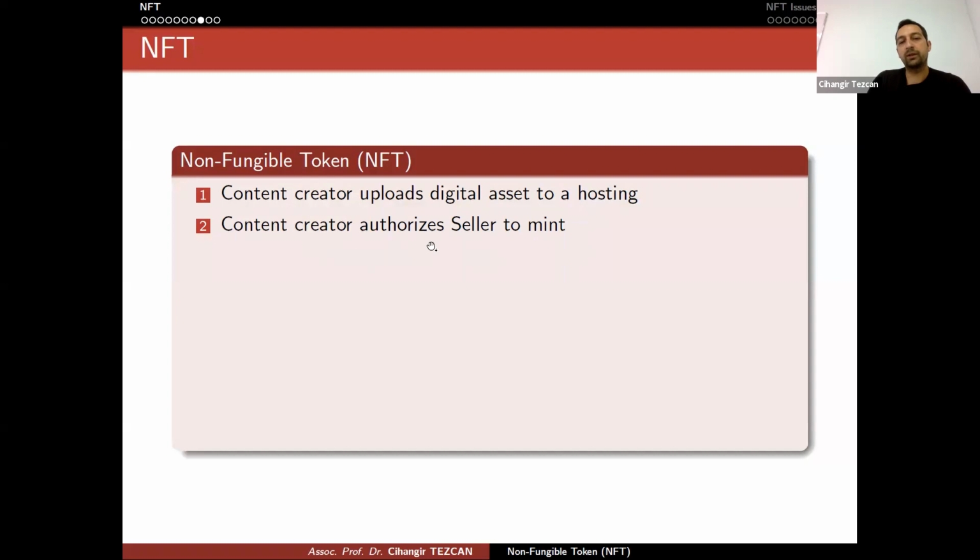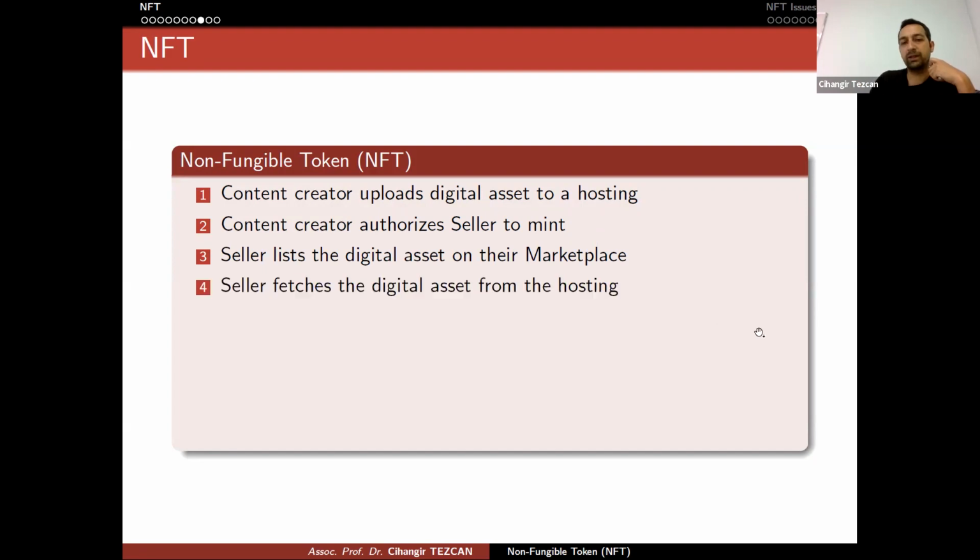Then the content creator authorizes the seller to mint, because not every creator knows how to mint an NFT. So you go to a marketplace and authorize the seller so that they can sell your NFT. The seller lists the digital asset on their marketplace. The seller fetches the digital asset from the hosting.